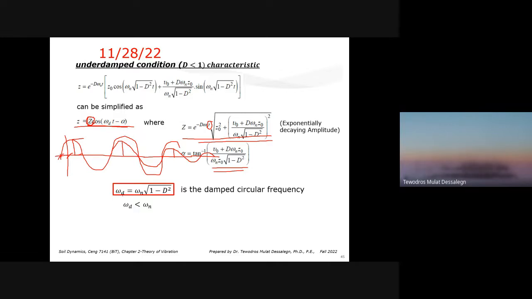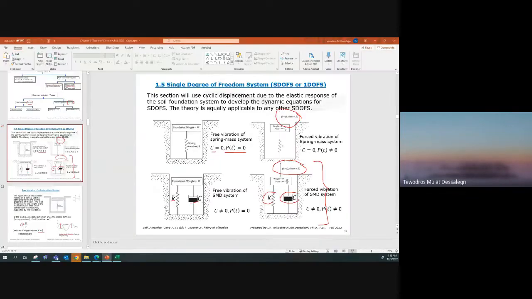Also, Wd in these equations is the damped natural frequency, the damped circular natural frequency. We know that Wn, the undamped case, is the one we defined before.